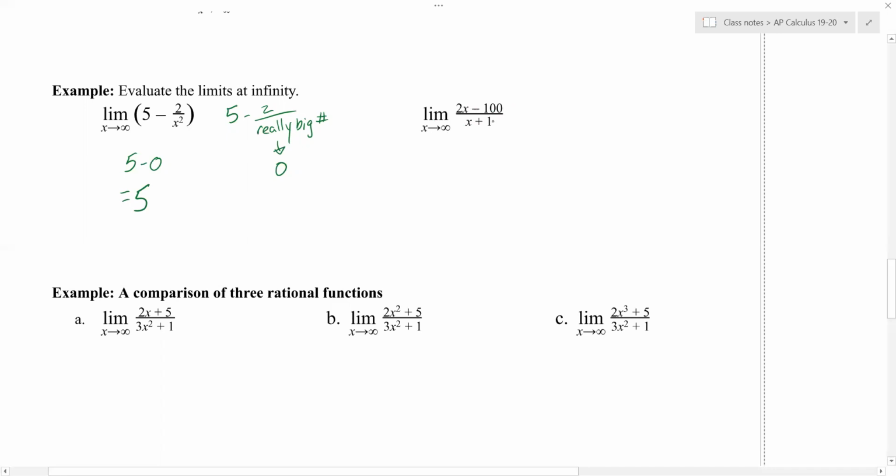Even larger numbers like 100 don't have a huge impact because infinity is such a big number. So we can kind of cross out these constant terms. So this becomes the limit as x approaches infinity of 2x over x. Now these x terms will cancel out, so we just get 2.